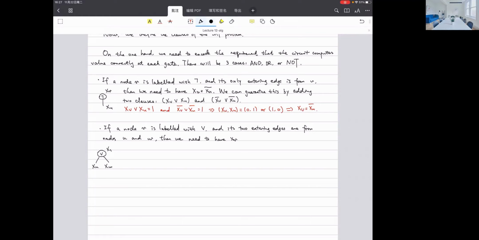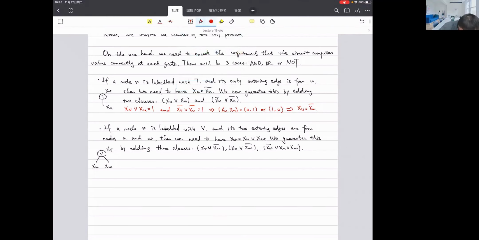Here it is a V, and this is also V. We can guarantee this by adding three clauses: XV or not XU, and XV or not XW, and the other is not XV or XU or XW. These are the three clauses we add here.